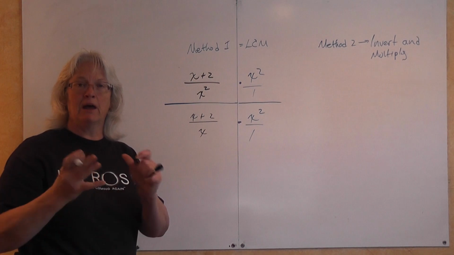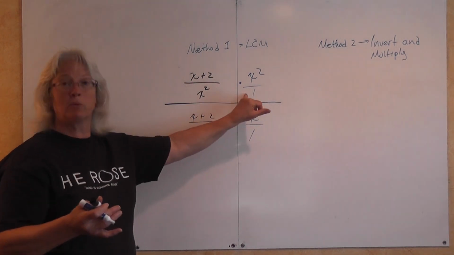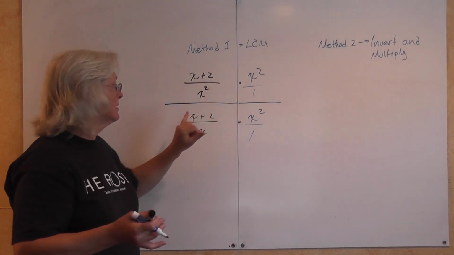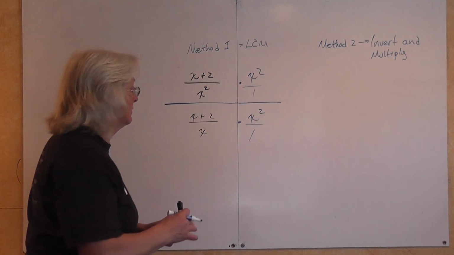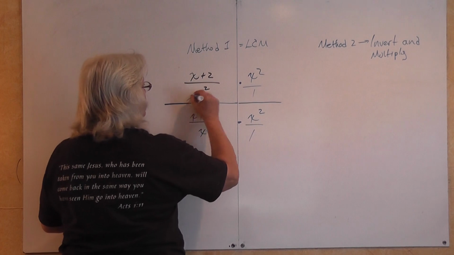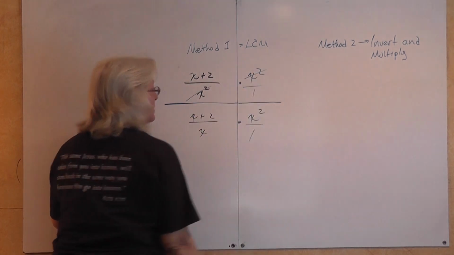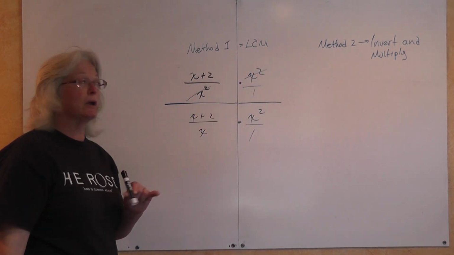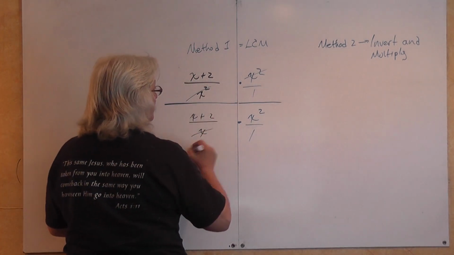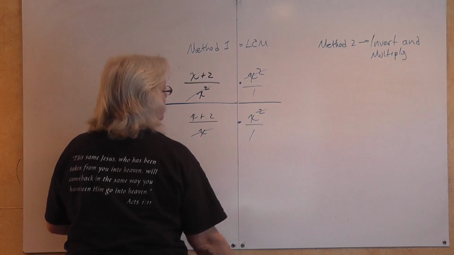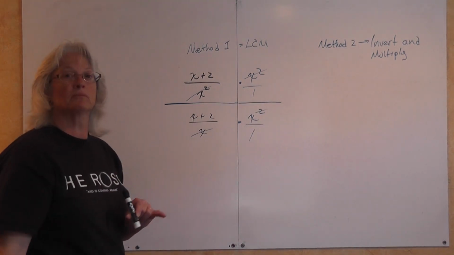Now you see that we have two rational expressions that we're multiplying together in the numerator. We have two rational expressions that you're multiplying together in the denominator. You have common factors that you cancel. Common factor of x squared in the numerator and a common factor of x in the denominator.